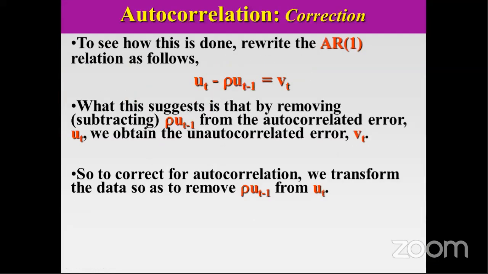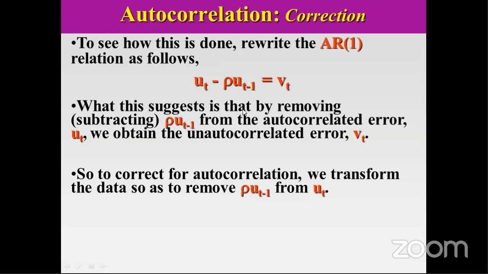So to see how this is done, rewrite the earlier AR(1) process as follows. Earlier the AR(1) process was ut = rho ut-1 + vt. Now I have taken that rho ut-1 to the left hand side. That means ut - rho ut-1 = vt.